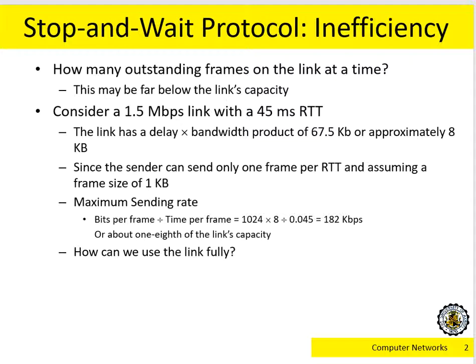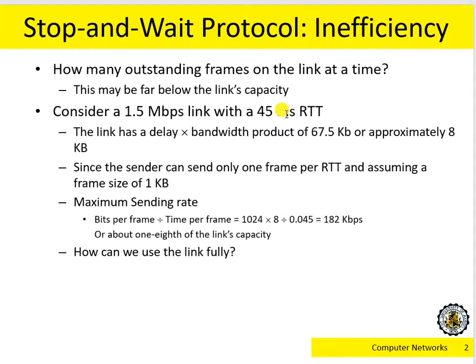It's not efficient, right? I think near the end of the class, we gave this demonstration. Assume the networking link has a bandwidth of 1.5 megabits per second, and your RTT, which is the delay, is 45 milliseconds.